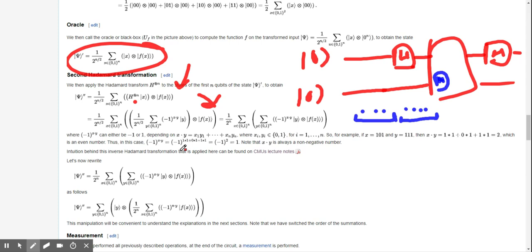Because then we see this is transformed into a superposition of some input elements y, which are also binary strings, and then there's a phase that depends on x times y, these dot products in here.